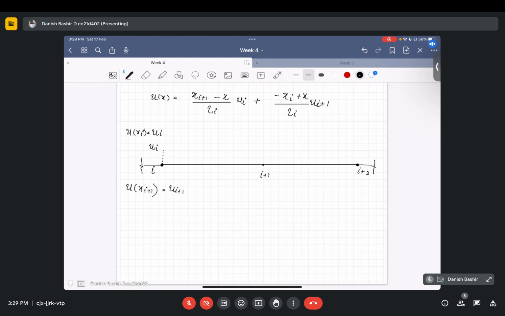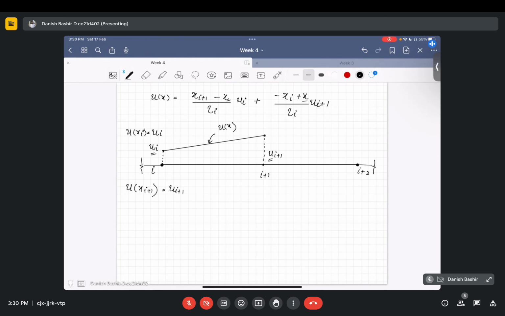So this nodal parameter is ui plus 1. You will be seeing that x is everywhere linear, so it's easy to plot in between these two values. It will be a linear function like this. So you can see how our u of x is varying within two nodal values ui and ui plus 1.